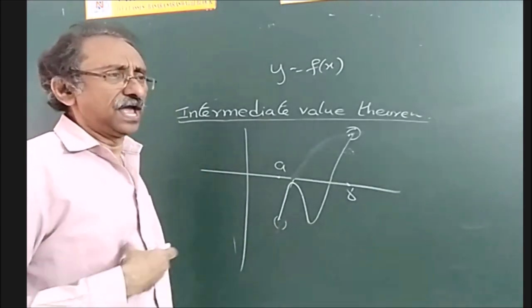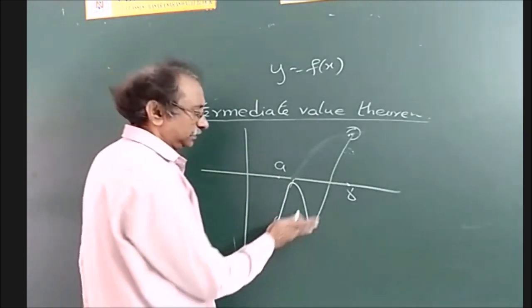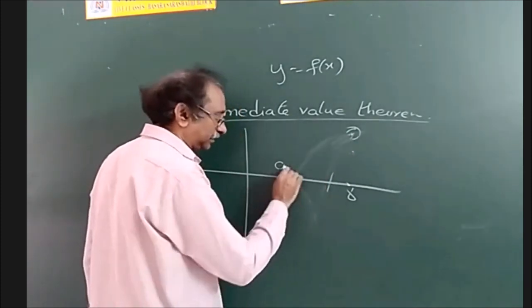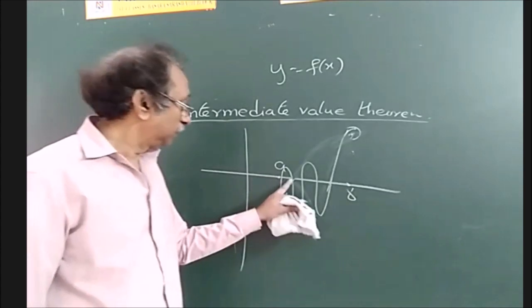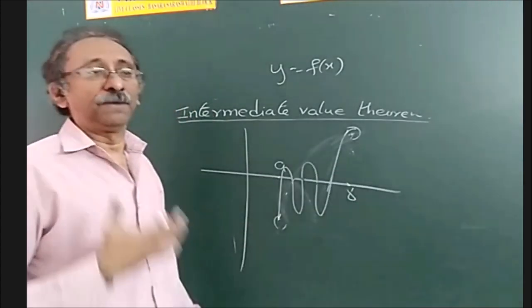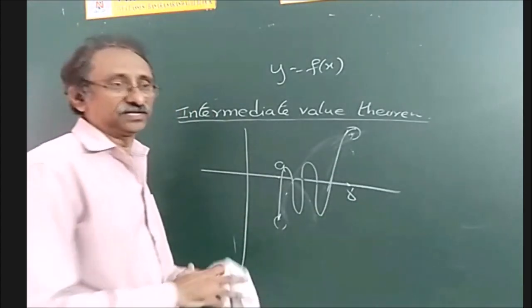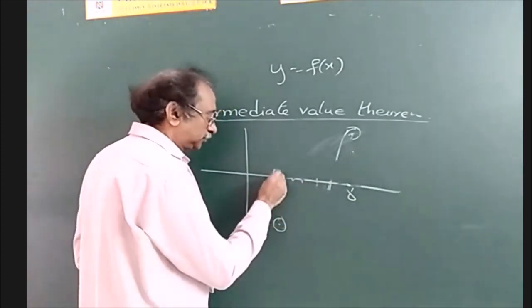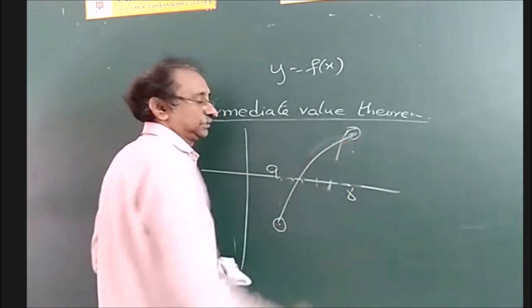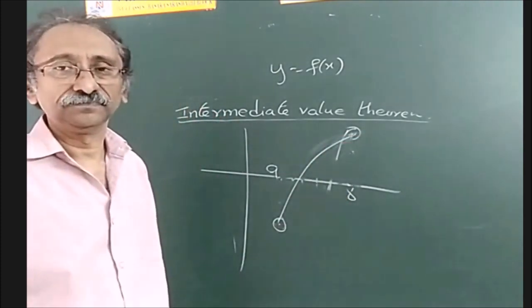Of course, I am not saying exactly one time. It may be an infinite or finite number of times, 1, 2, 3, 4, 5 times also. But what I can guarantee is that at least one time it should cross the x-axis. Is it true or not?